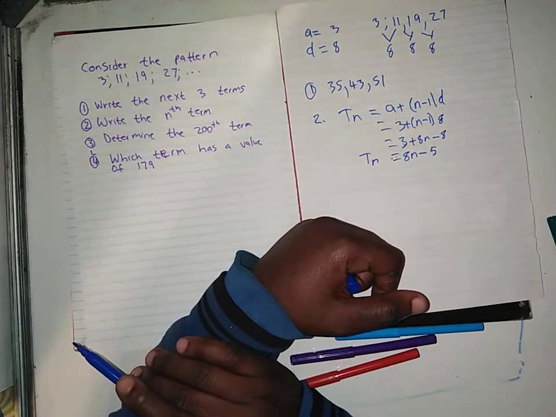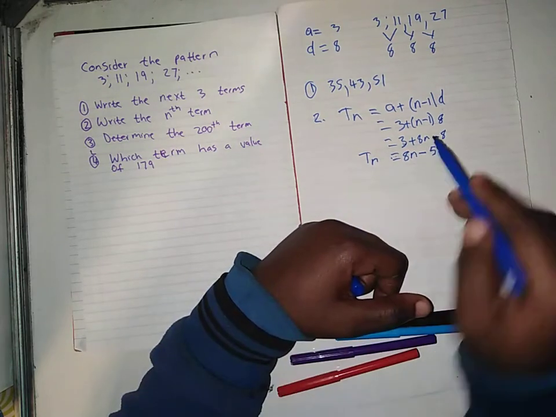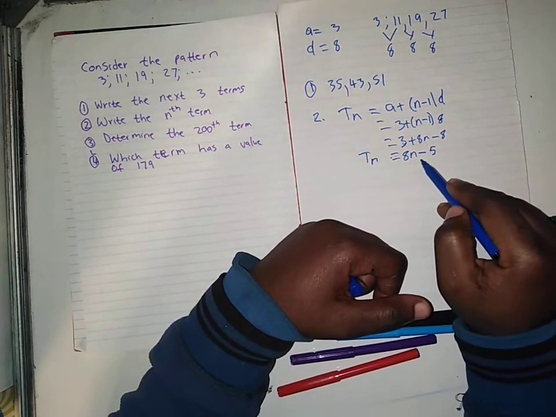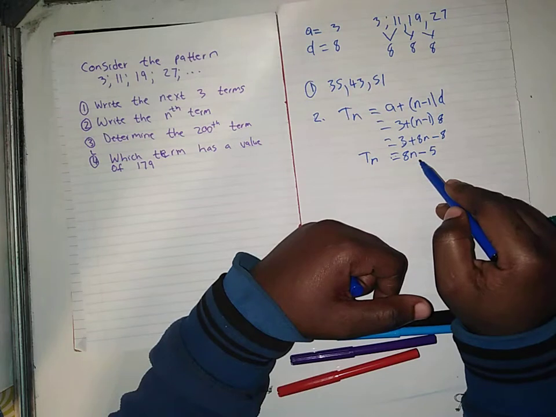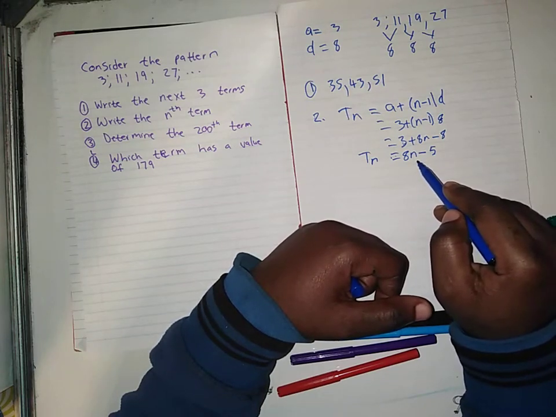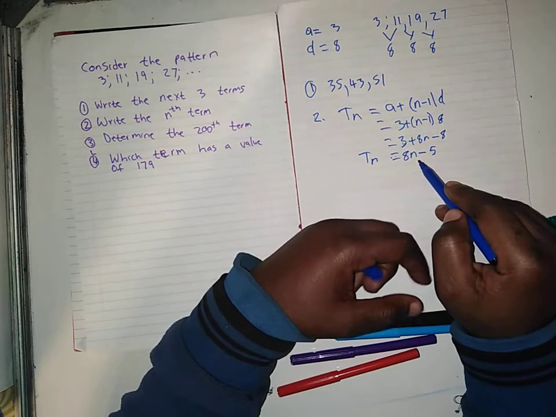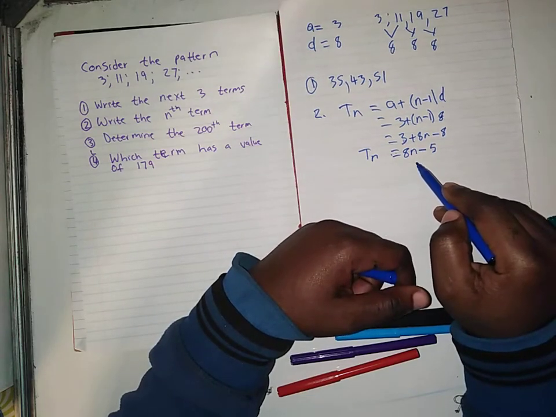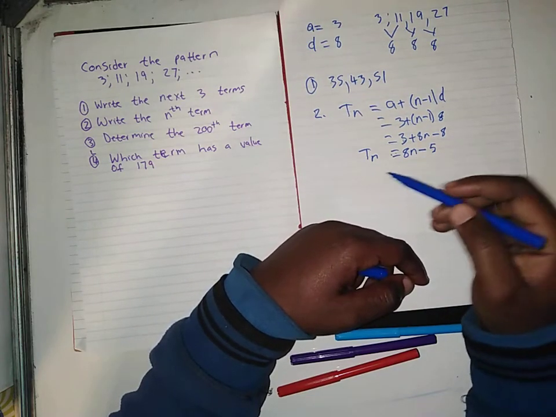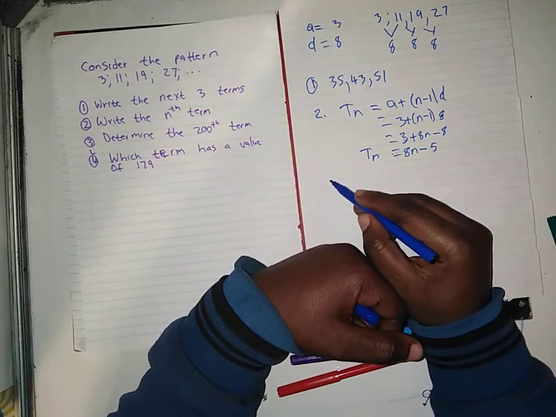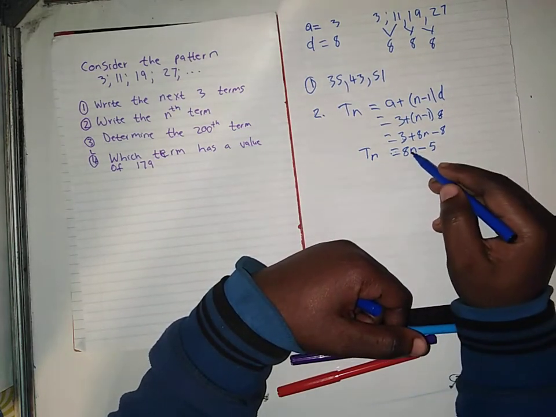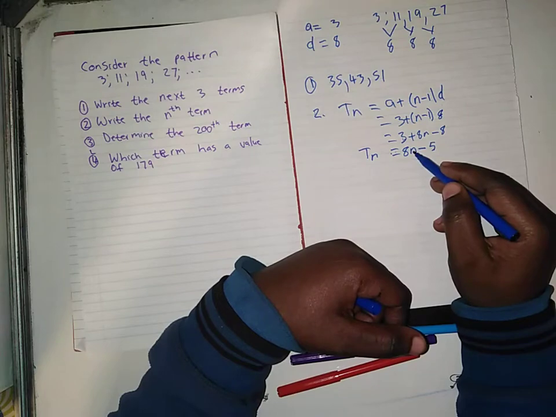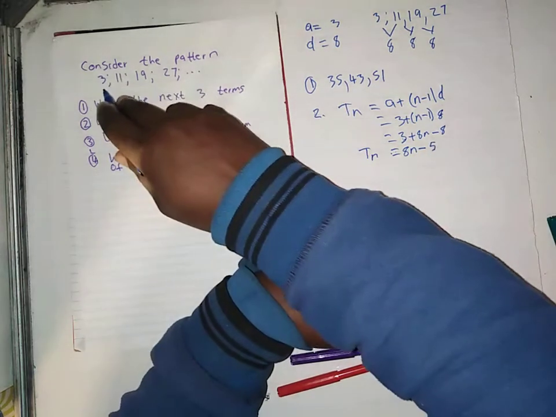Guys, before we continue, let's test this one first, whether it does work. Does it really give us what we are looking for? Okay, so let's test with the first one. T1, so 8 times 1 is 8. 8 minus 5 is 3, which is exactly our first term.